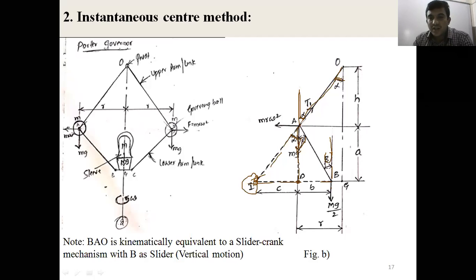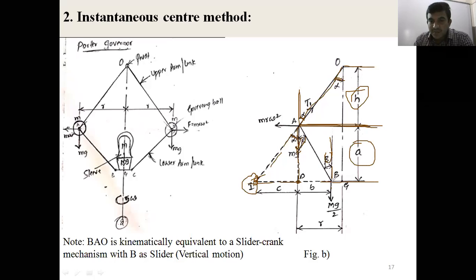Now as you know, the height of the governor is the vertical distance from the upper arm pivot on the shaft axis to the radius of rotation of the governor ball. That vertical distance is called the height of the governor H. At the same time, for the lower arm, the vertical distance from the lower arm to the plane where the governor balls rotate will be called h.